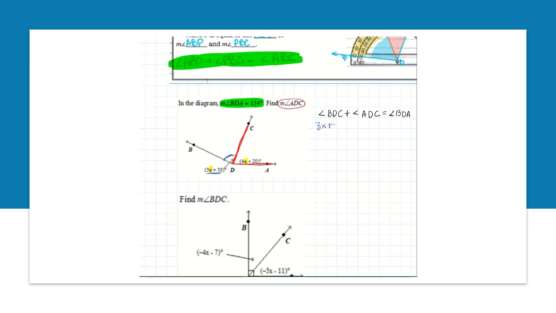We repeat the process for angle ADC, which gives us 4x plus 20. And the bigger angle measures 154 degrees, so this whole equation will equal 154 degrees.